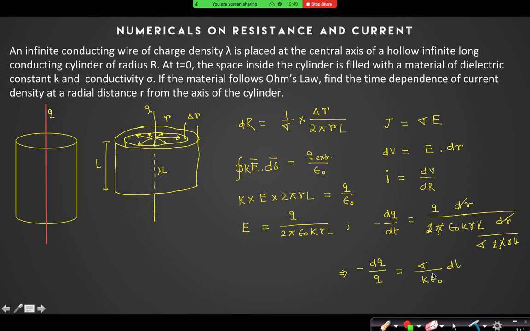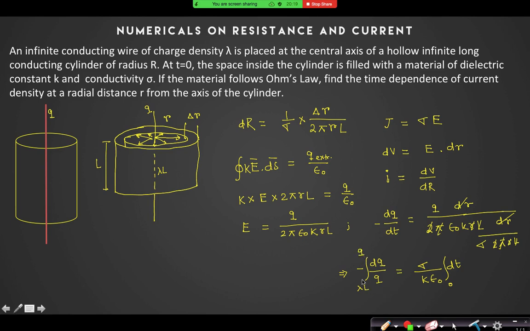Have I written this concept clear? dq by dt is equal to E V divided by dr. So now if I integrate this, you can see that at t equal to 0, the charge inside this part was lambda into L, right? And after time t, suppose the charge inside this is equal to q.